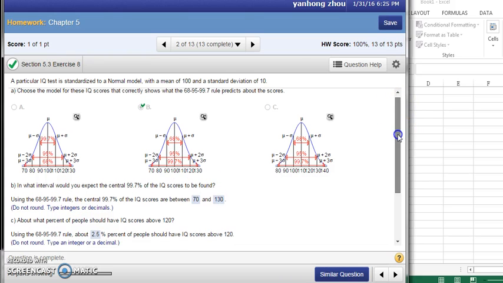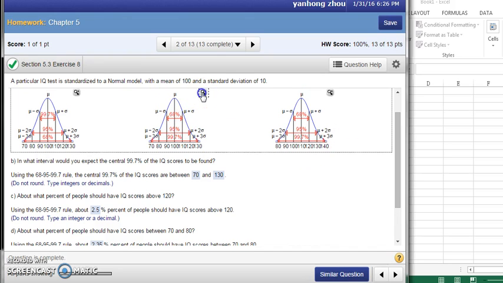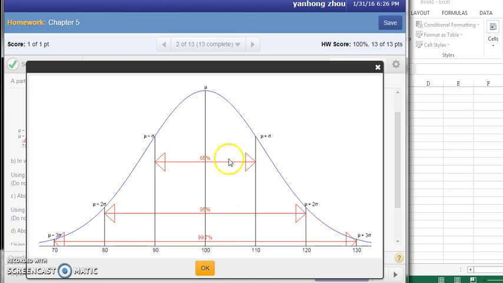Part C. About what percent of people should have IQ scores above 120? Okay, let's look at where the 120 is. So 120 is right here. Okay, let's look at how many standard deviations this number is above the mean. So let's count 1, 2. This means this is 2 standard deviations above the mean.